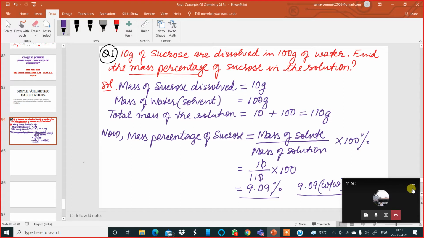Yes, sir. This is the problem, volumetric calculation based on mass percentage, which is the first concentration term. Now let us go to the next slide.